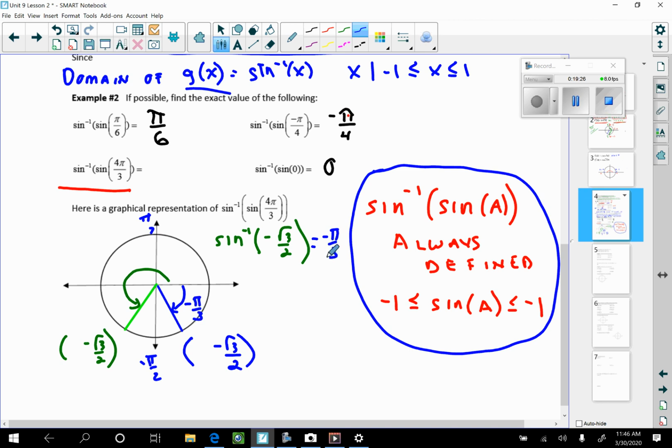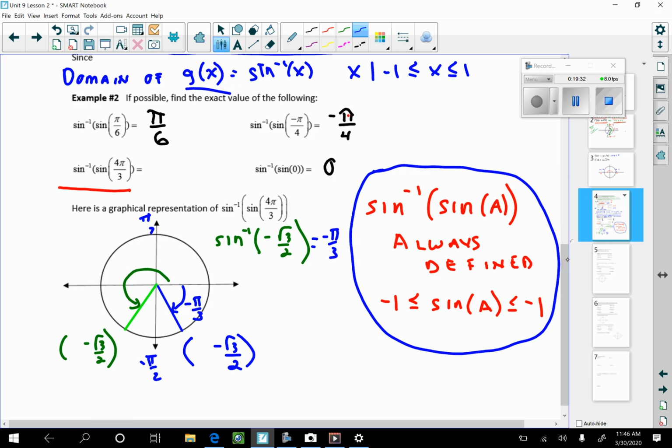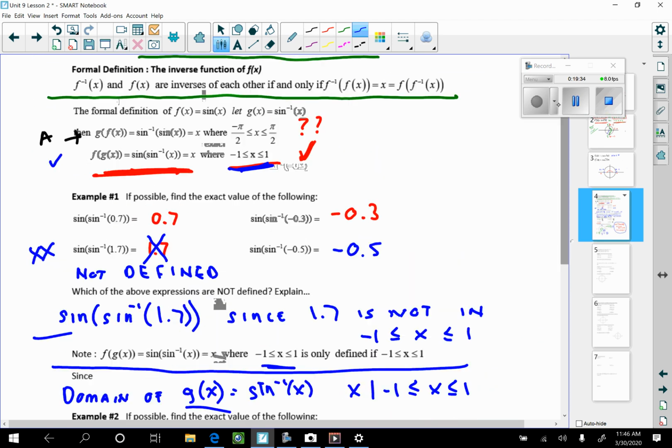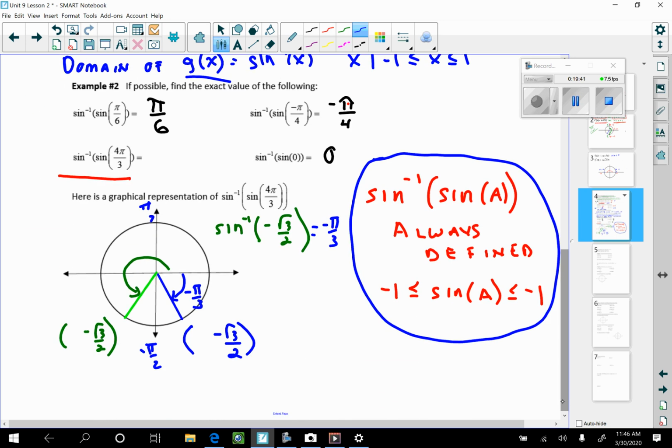Now do I check? Is negative pi over 3, ladies and gentlemen, between negative pi over 2 and pi over 2? Yes, indeed it is.